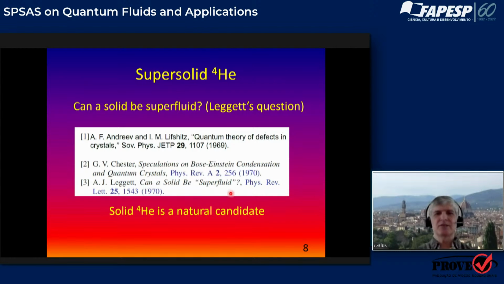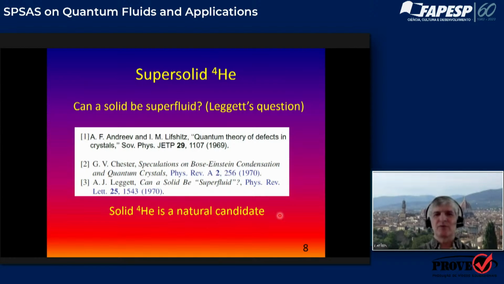The question is better phrased the way Leggett put it: can a solid be superfluid? Naturally, helium-4 was the known superfluid at the time, and the only one. Then a few years later, superfluidity was discovered in helium-3.